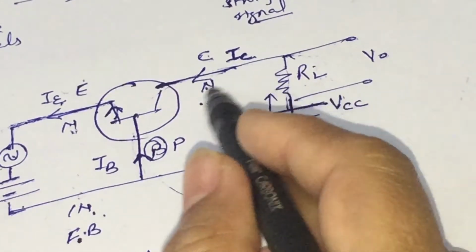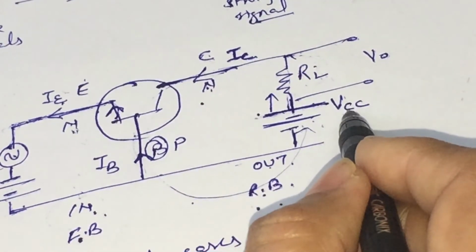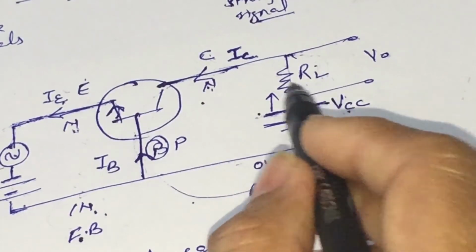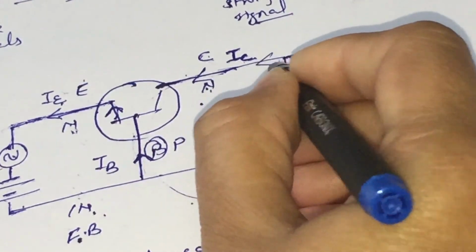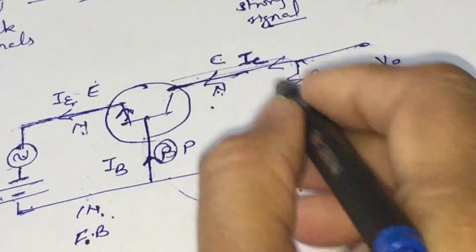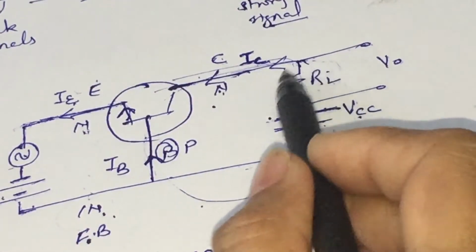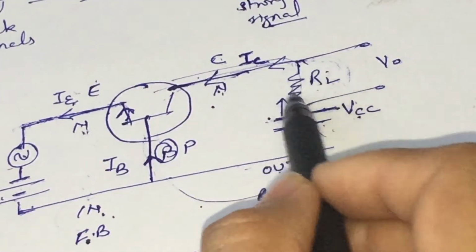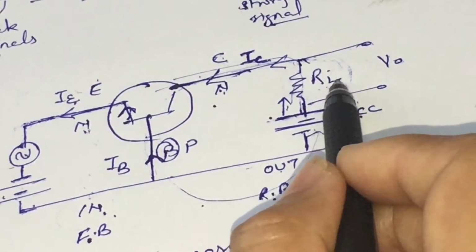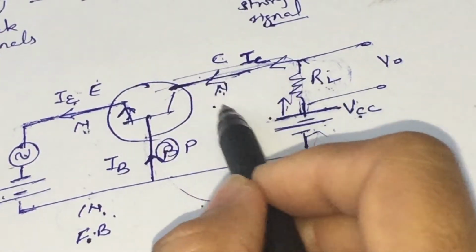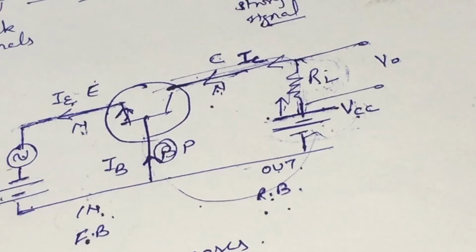According to Kirchhoff's loop rule, we can write VCC equals IC RL, because IC is also moving into the transistor. It means the voltage drop across the collector region has the same direction of current as the current applied with the help of VCC.